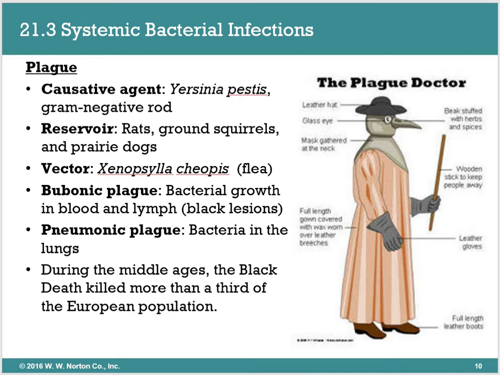But normally what happens is that fleas live on rats and they live on prairie dogs. And then the flea is actually the vector for it. So this is where the bacteria will replicate and reproduce.